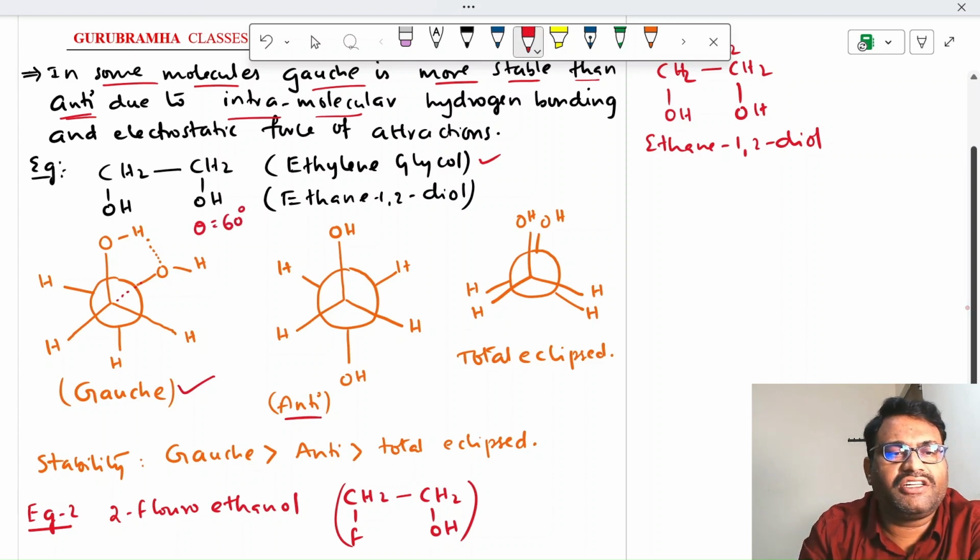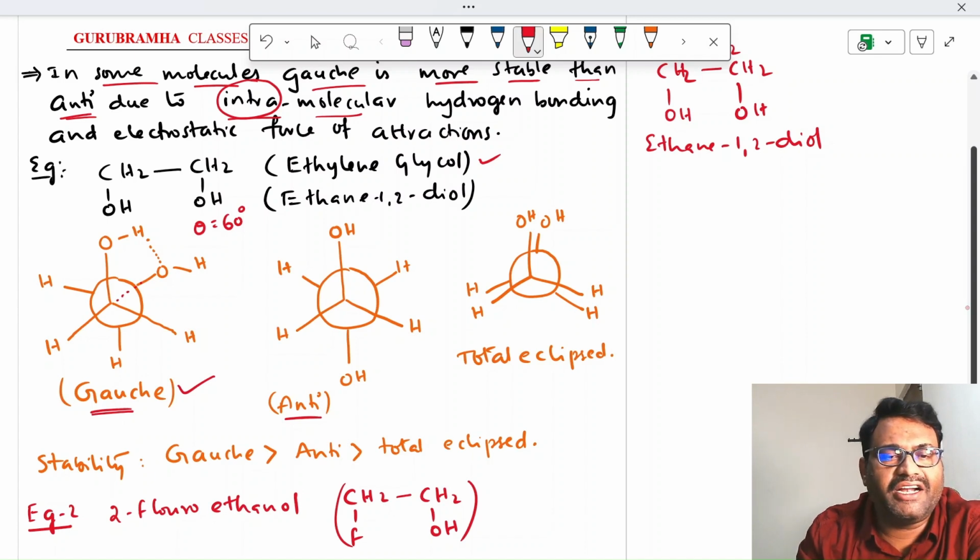Here it is satisfying all the conditions of hydrogen bonding. The hydrogen bonding occurs between hydrogen of one OH and oxygen of another OH. When is this hydrogen bonding occurring? When it is at 60 degrees. And this hydrogen bonding is happening in the same molecule, so this is called intramolecular hydrogen bonding.